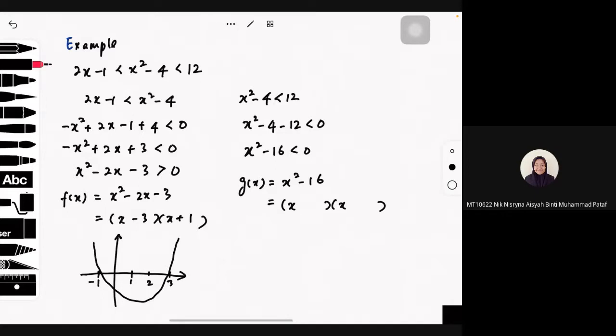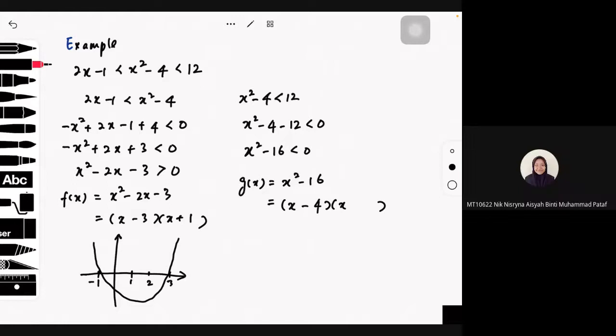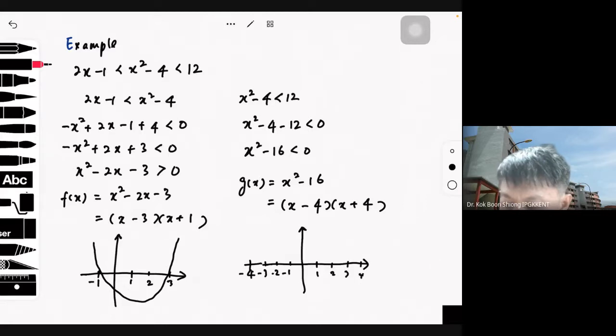Negative 4 and positive 4. So we have two factors here. Then we draw the graph because we are using the graphical method. So this is between negative 4 and 4.